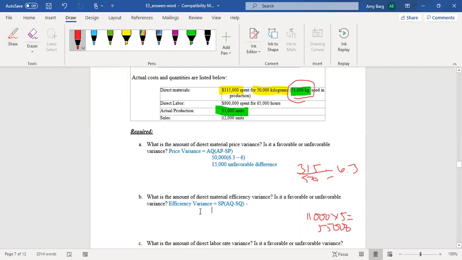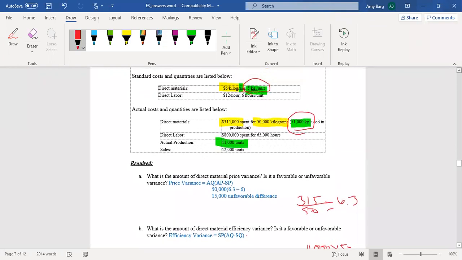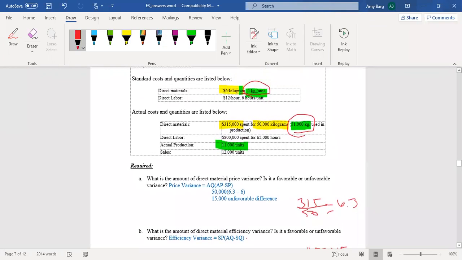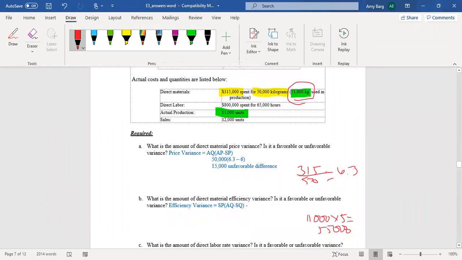If we just put all this into our handy dandy little equation, the standard price was also up here. That was the $6 per kilogram that we used before, and 5 kilograms per unit.